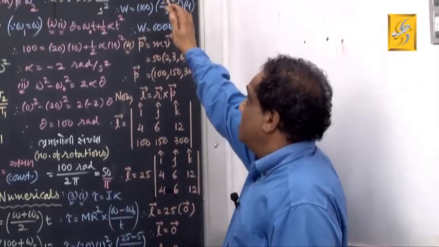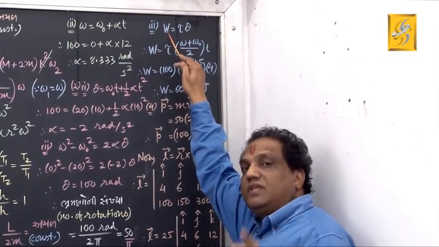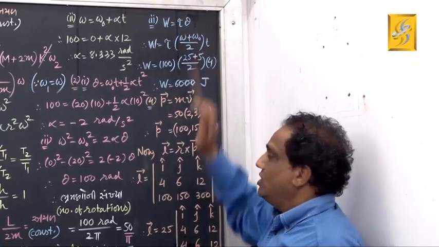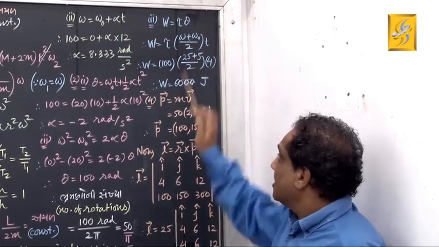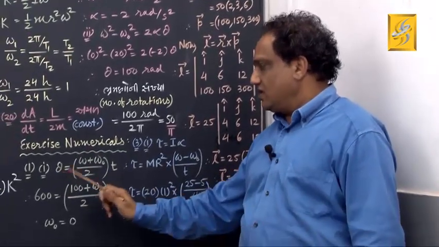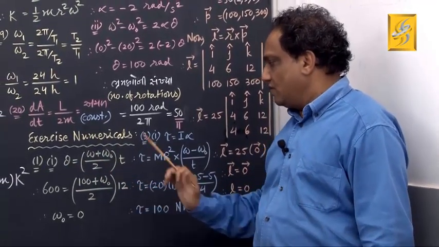And now, work done by a constant torque in case of rotational motion. What was that formula? W equals tau into theta. Tau as it is. What about the theta formula? Theta is omega plus omega 0 by 2 into t.